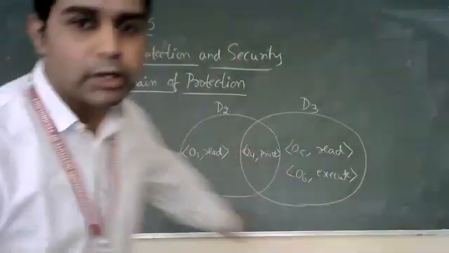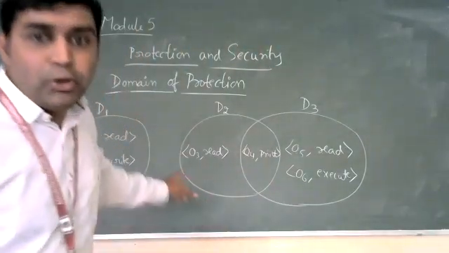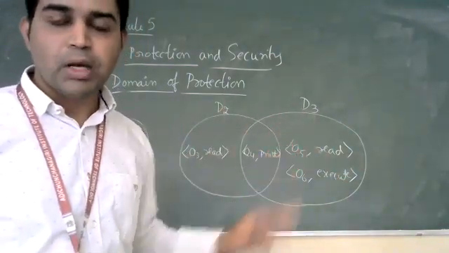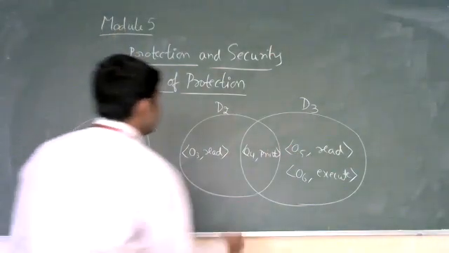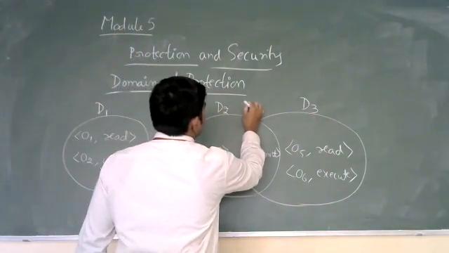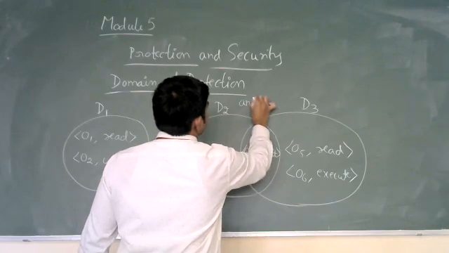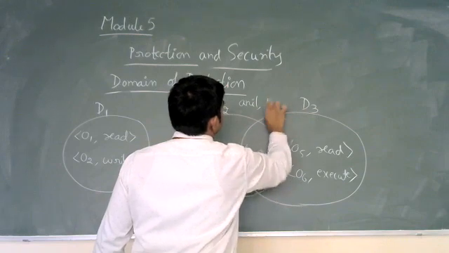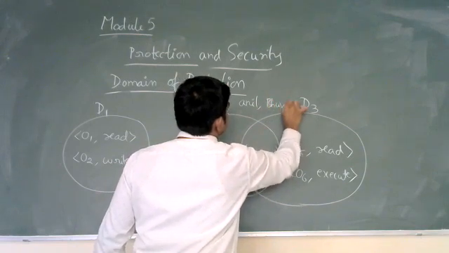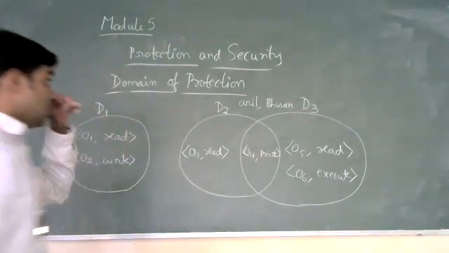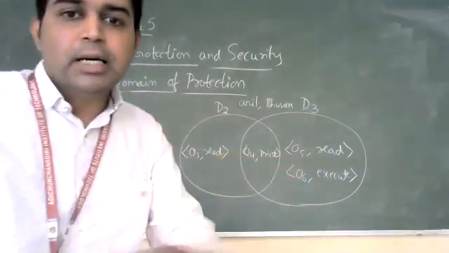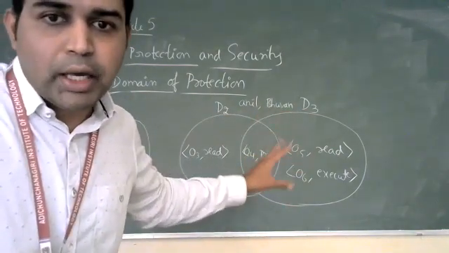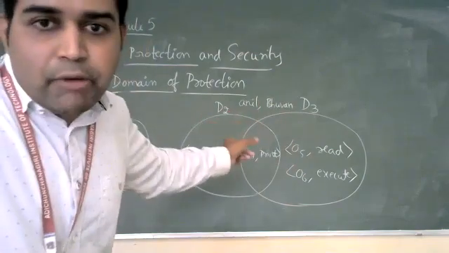Now observe this particular diagram. You can see there is an intersection of the two domains, domain 2 and domain 3. I will give one small example. For example's sake, there are two users in domain 2 and domain 3, and I have named them Anil and Bhuvan.